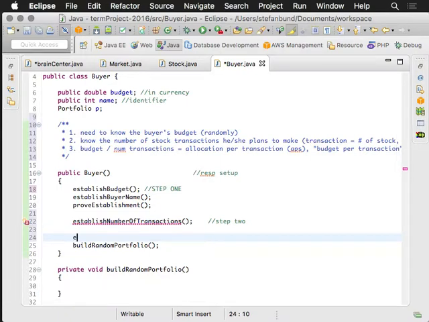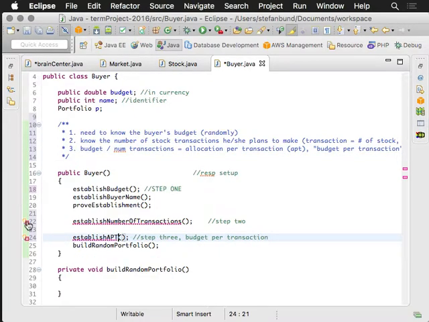Then we should establish APS, which is going to be step three, which is the budget per transaction. Maybe we should call this the APT instead, the allocation per transaction.